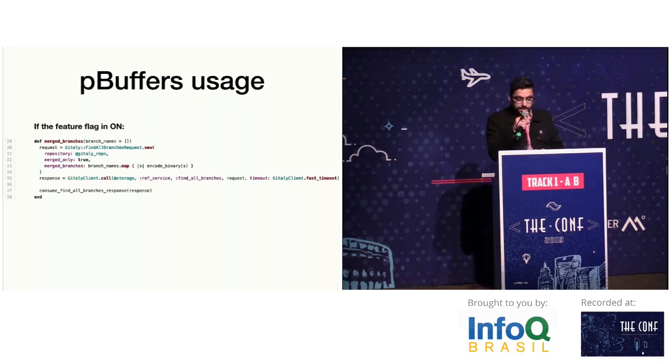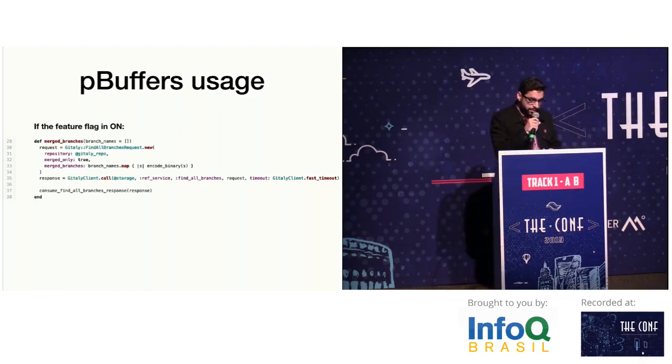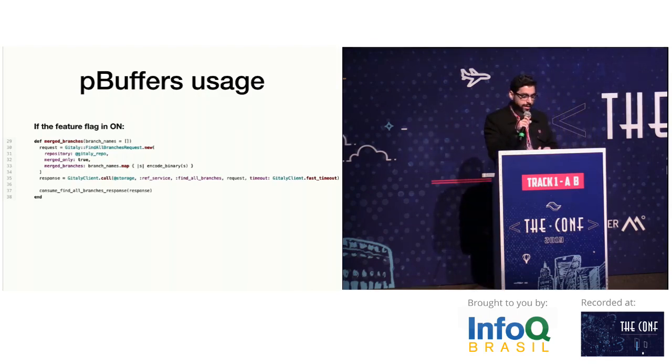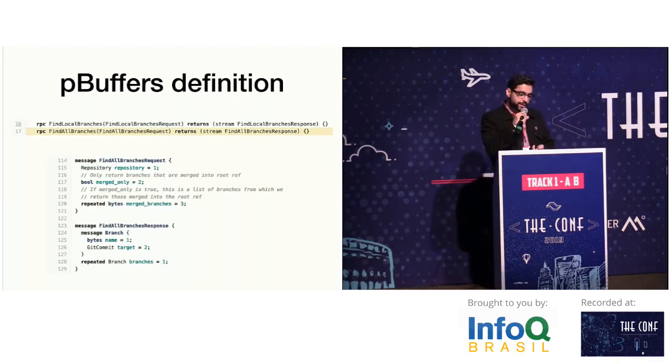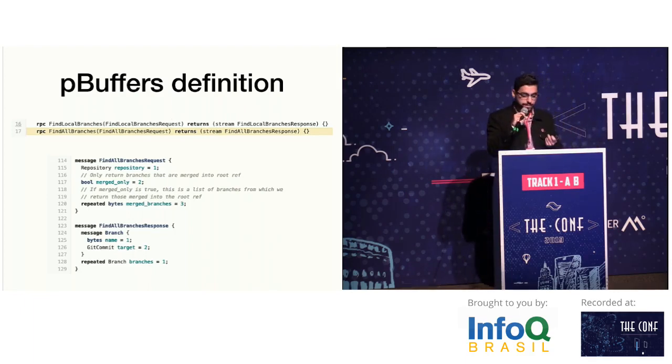So it's nice because gRPC also handles timeouts well. And we are consuming this response. Since it's a string actually being returned there, we consume this string. So the gRPC definition is there as well. You can define a find all branches, receiving a request, and we return a string of the response.